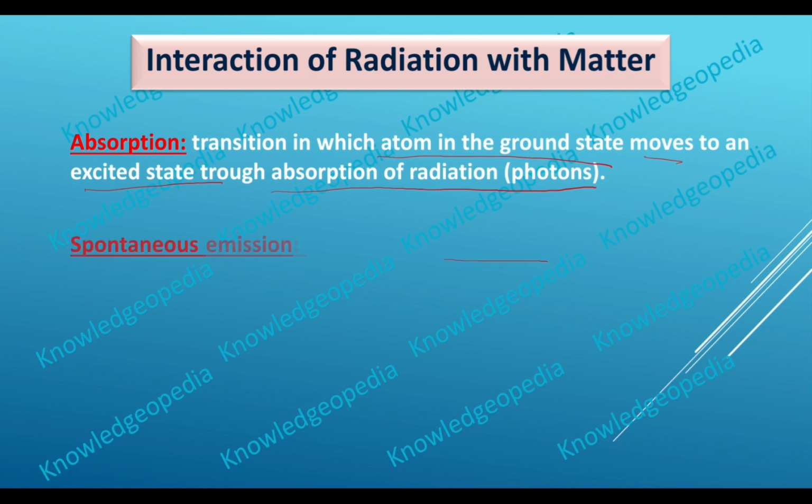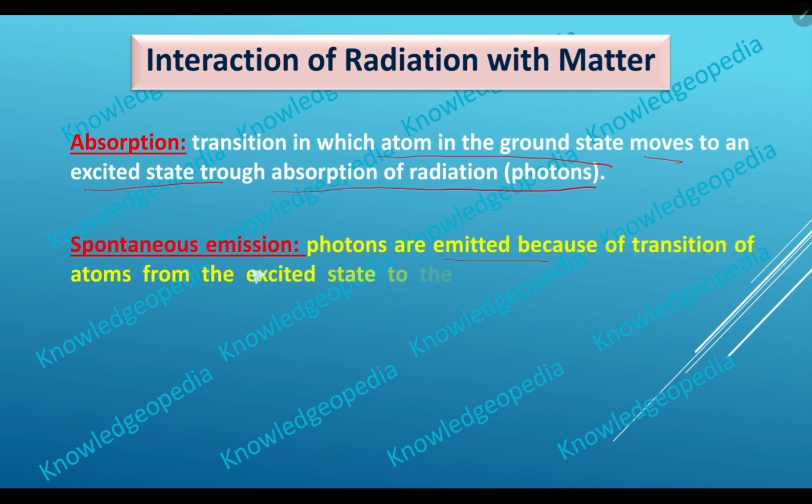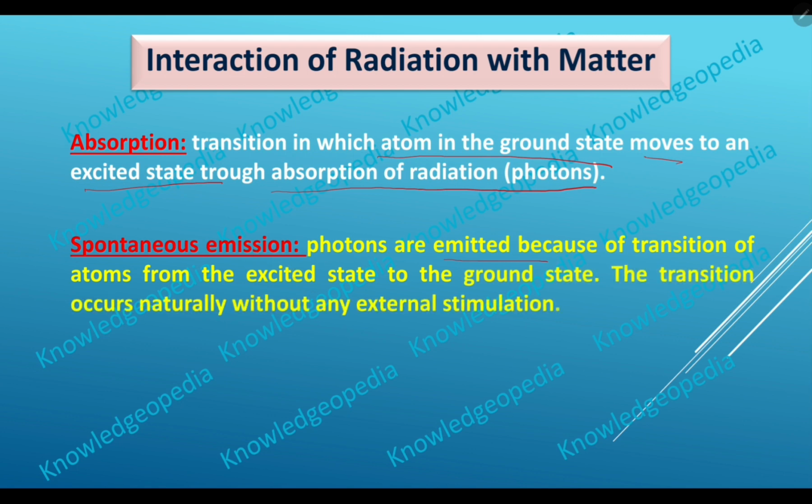The second one is spontaneous emission. In this case the transition occurs from excited state to ground state, and during this transition photons are emitted, right? And this transition occurs naturally without any external stimulation.